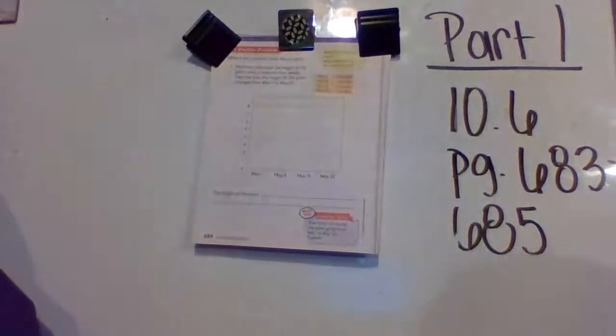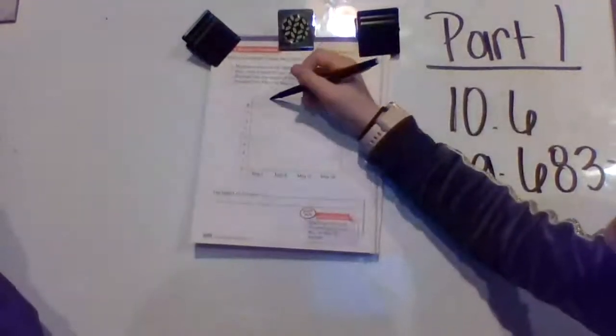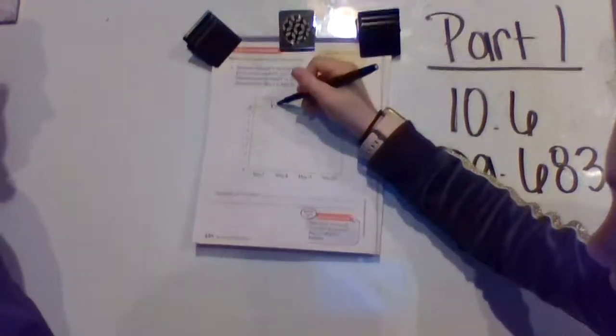All right, so let's make a title of this graph. Riley, what do you think a good title would be? I think a good title would be the height of the plant. Maybe height measurements. Alright.